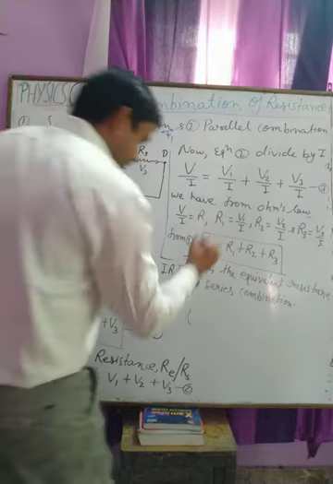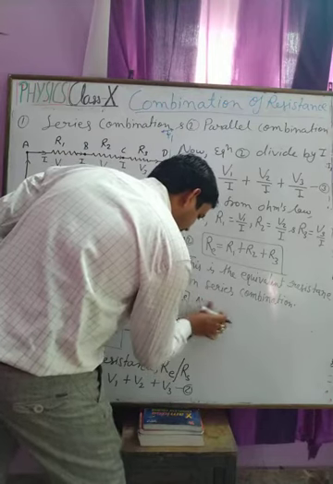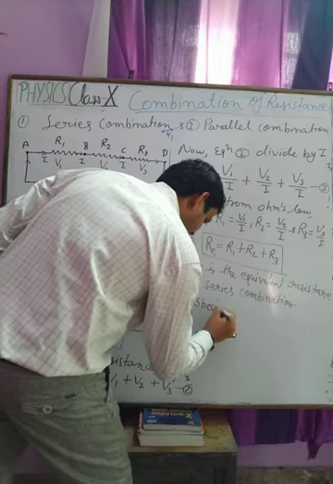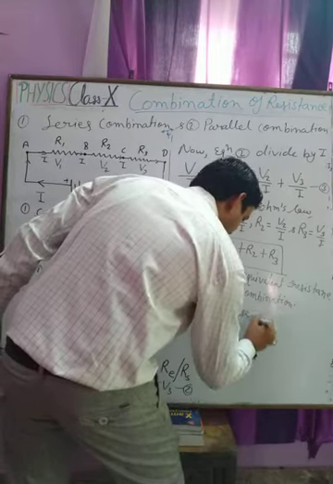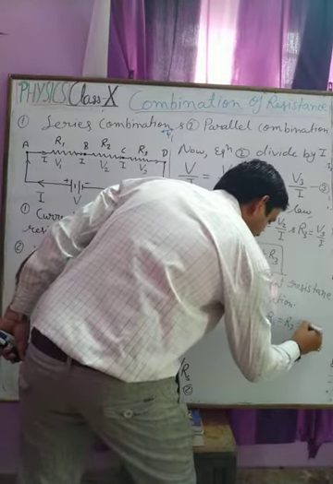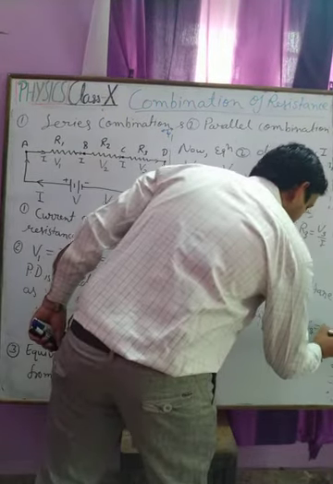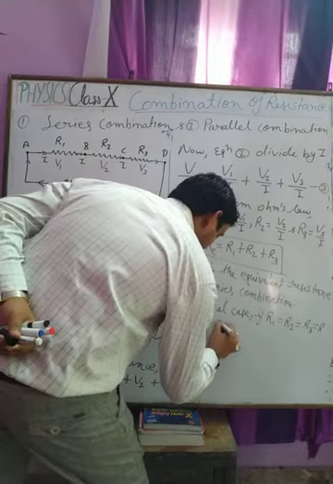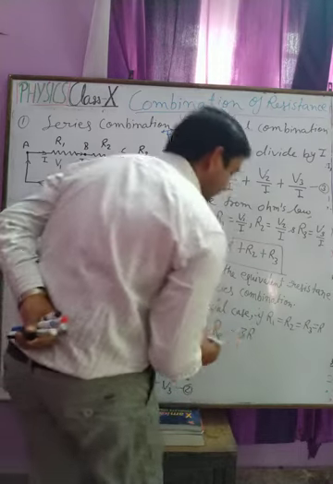Now, note point, or we can say special case. Special case: if R1 equal to R2 equal to R3 equal to R, therefore we are getting the equivalent resistance Re is equal to 3R.